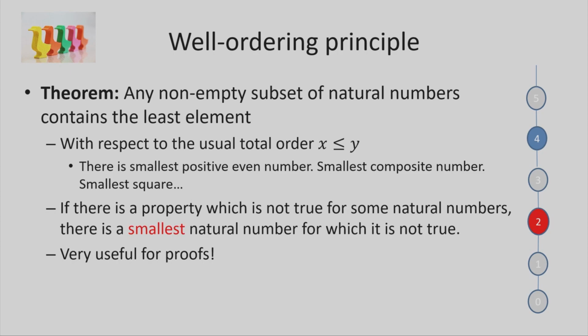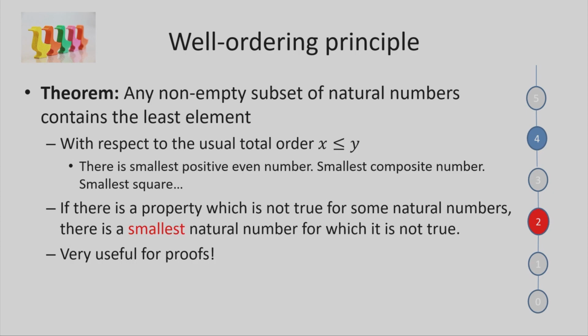And what it says is that any non-empty subset of natural numbers contains the least element. Let's be generous here and include 0 in natural numbers. It will be useful. Actually, we can even extend the well-ordering principle later on, saying that if you throw any finite amount of stuff into natural numbers, then this principle still holds.